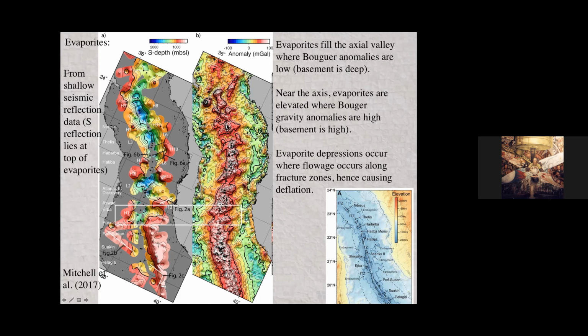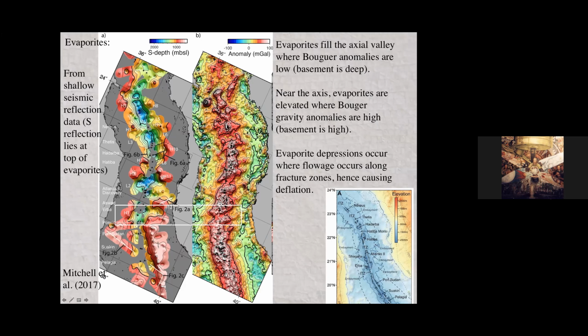So as evaporites have flowed into here, this has subsided. On the other hand, where the evaporites haven't flowed in, they lie at a higher level. And the image I've just shown you is in here, basically. So the evaporites flowing into that intertrough zone in here have left these areas that are apparently deflated.